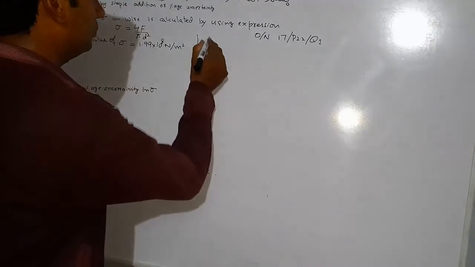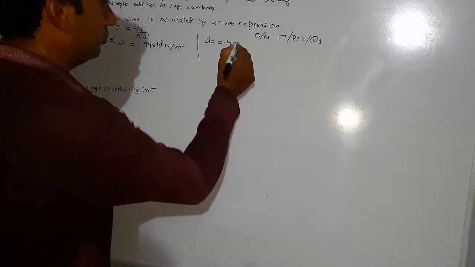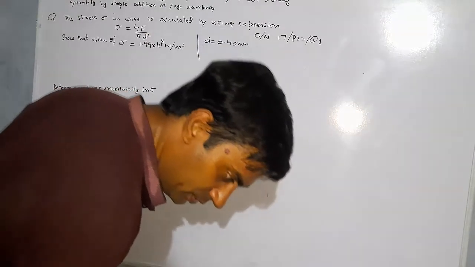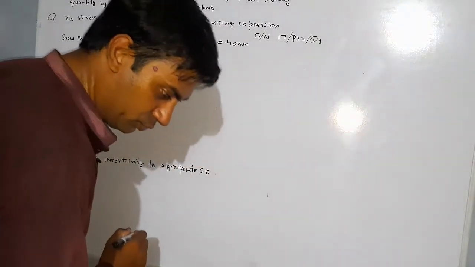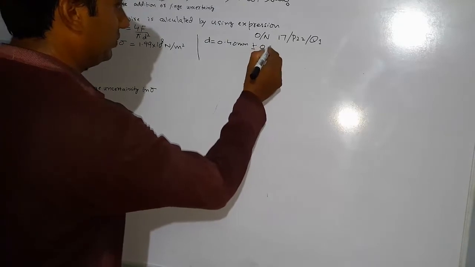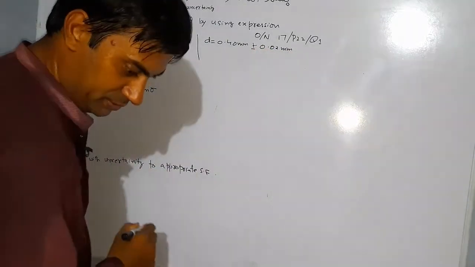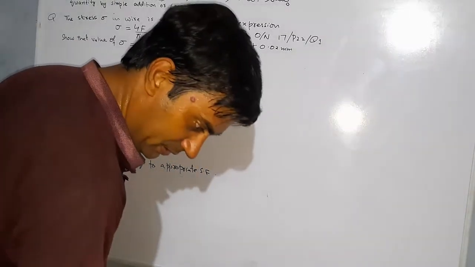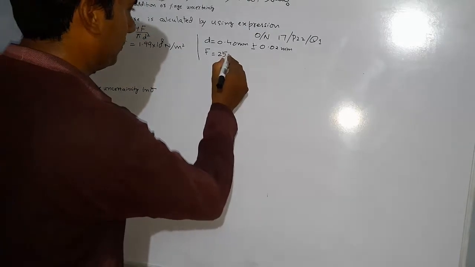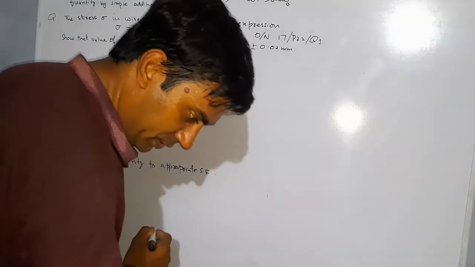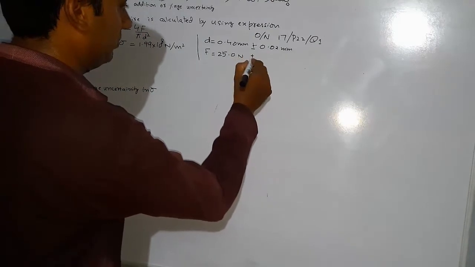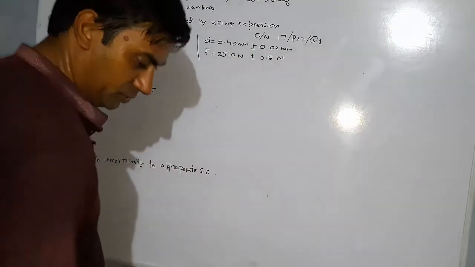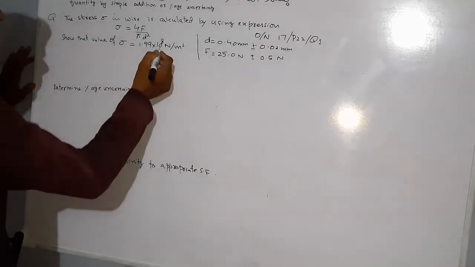D is equal to 0.40 millimeter plus minus 0.02 millimeter, and the force F they have given as 25.0 Newton plus minus 0.5 Newton. So these are the data given right here, and we have to show that sigma is equal to 1.9 into 10 power 8.